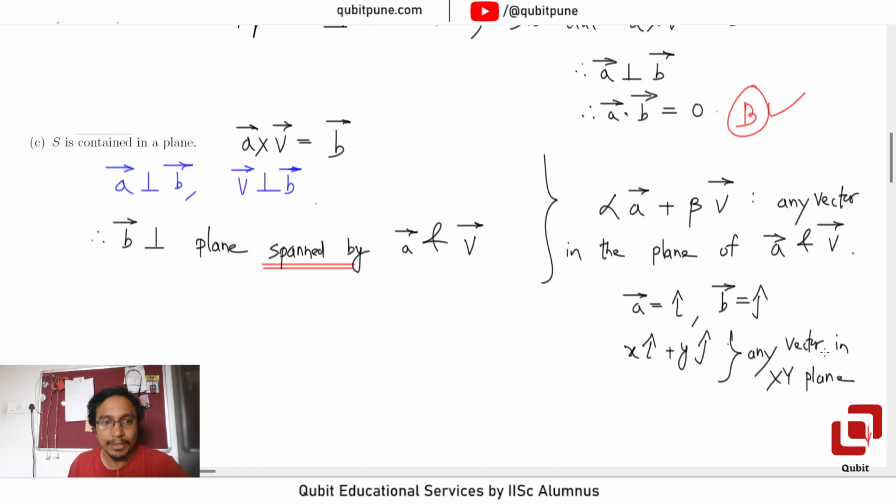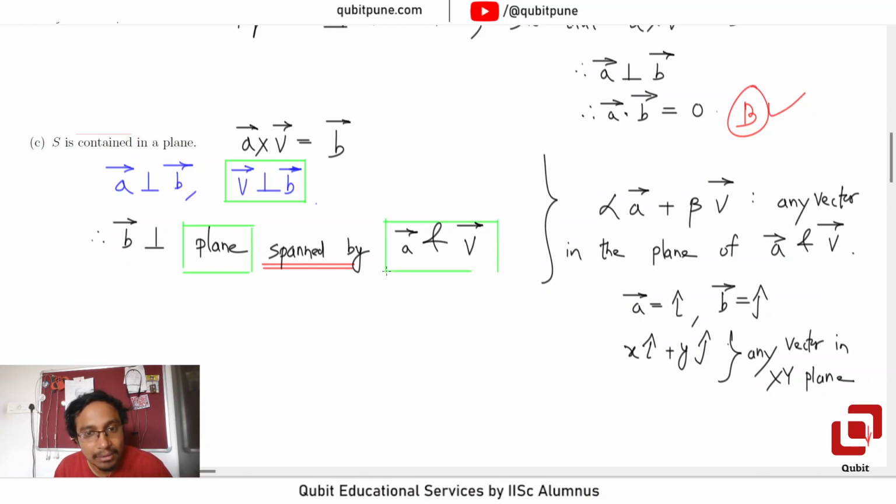So b bar is perpendicular to the plane spanned by a bar and b bar, and combining with the fact that v bar is perpendicular to b bar and it lies in a plane with a bar, we can say that C is also right.